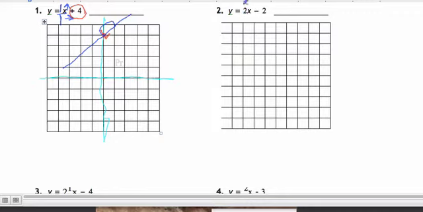Let's look at this example. The slope is 2, and I want it to be a fraction because I want vertical and horizontal change. So I'm going to put it over 1. So this means I'm going to go up 2 and to the right 1. Let me draw my axes on here.